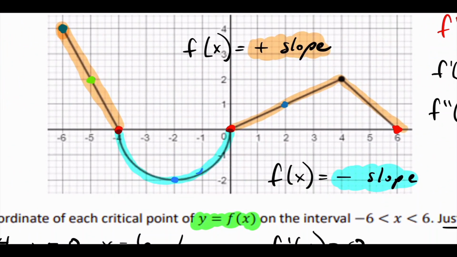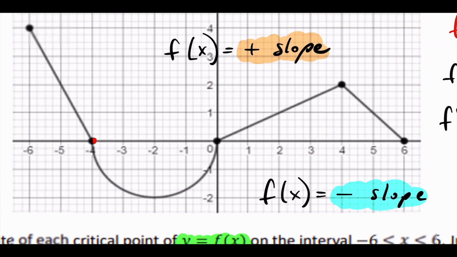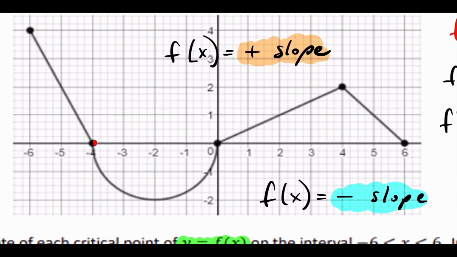Let me erase all the stuff I have so I can. Okay. Where is a positive slope? Where is a negative slope? So let me start at the very beginning, with a different color. Start at the very beginning. Positive slope or negative slope? Negative.